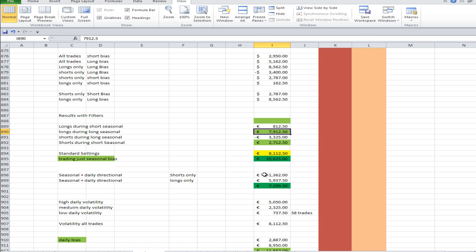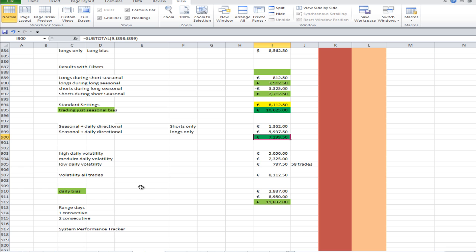What was interesting was that the seasonal plus daily directional, shorts and longs, based on the long and short directional, combining those two, I thought that might do better and it didn't. So it's always good to test because my belief was that that would be a better result and it wasn't. So it just shows you that, obviously, there's going to be a lot fewer trades there. I haven't broken down the average trade net profit, which I need to.